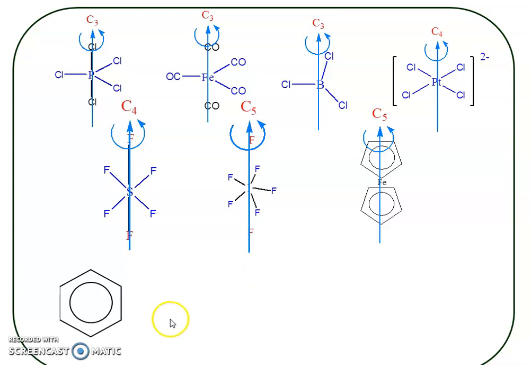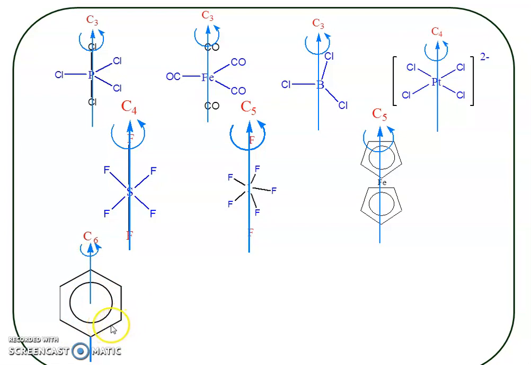In benzene, there are 6 atoms at 6 corners, and therefore in benzene there is a C6 proper rotational axis. So in this way we need to rotate this molecule through 60 degrees each time, and when this 60 degree rotation is carried out 6 times, we get an identical structure.